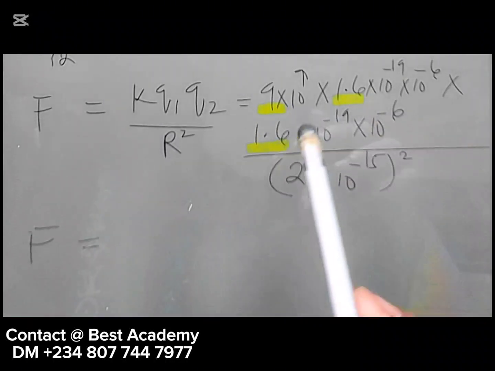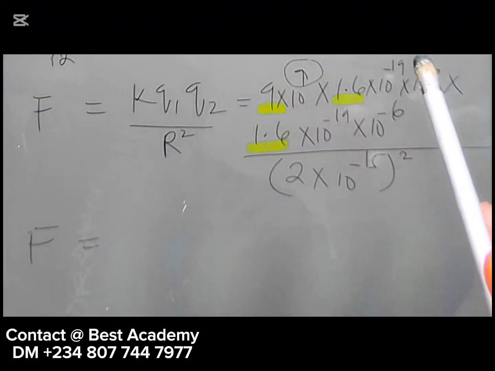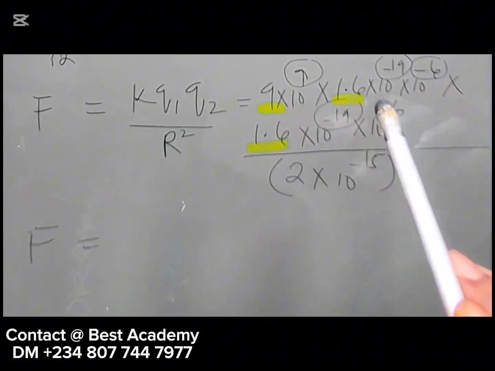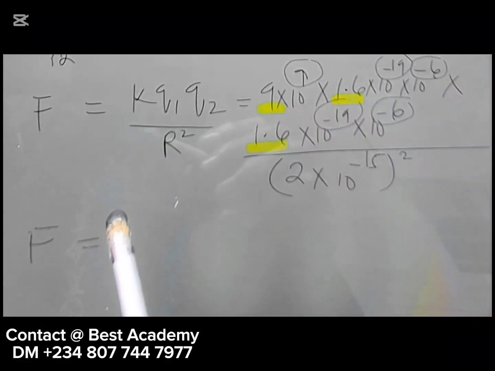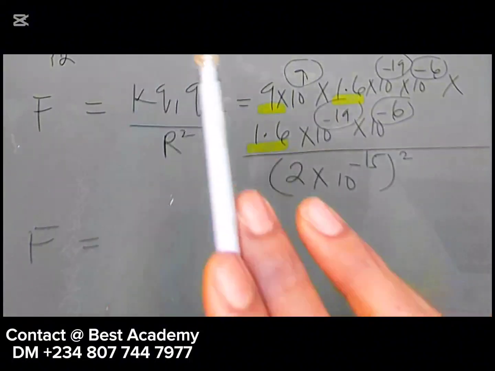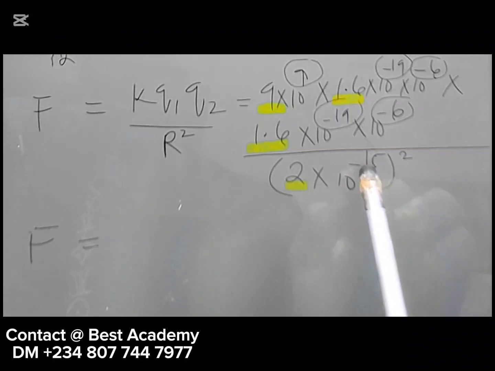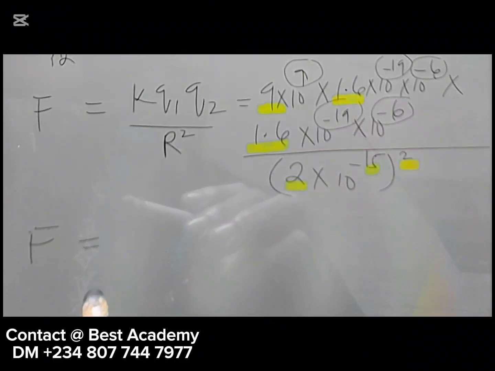After that, you can now operate on their powers. So in terms of this here, use indices. This all squared will give us 4, and minus 15 times 2 will give us minus 30. After that, you can now use your calculator to find F.